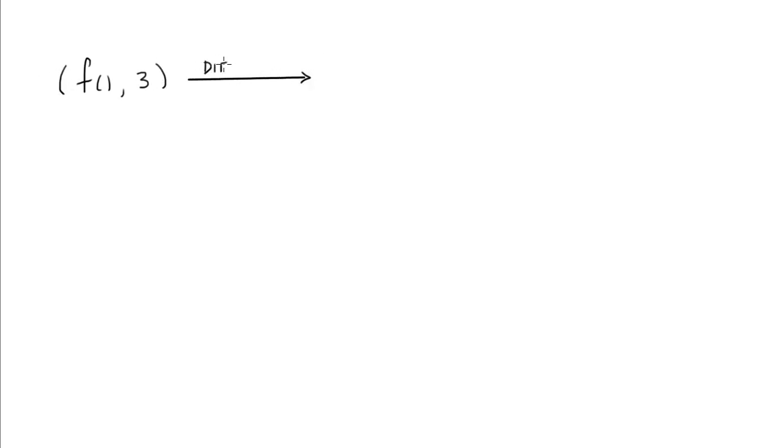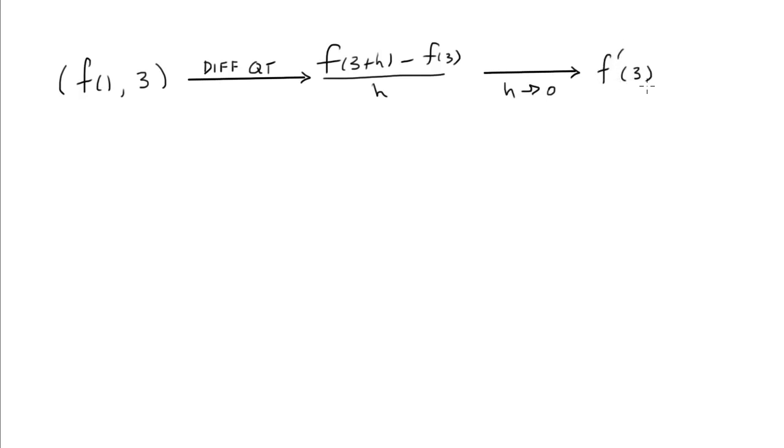For our derivative, start with our difference quotient. And now we're going to drive h to 0. This will give me a number, and this is the label we use for that number. This is a new function. It's called the limit.